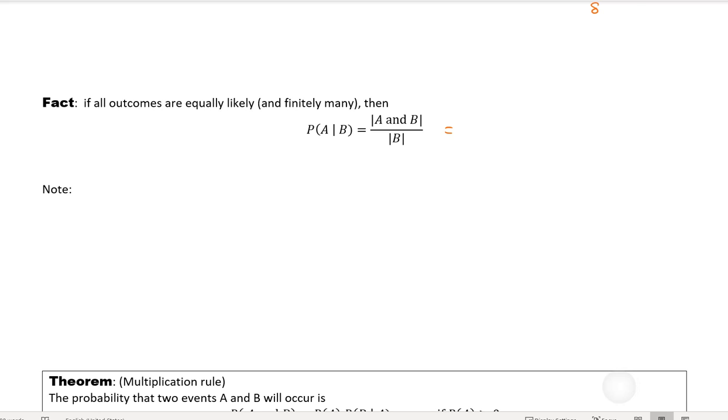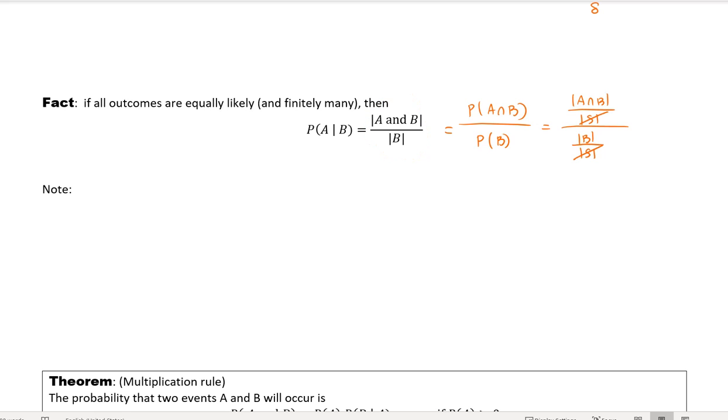Because remember, by definition of conditional probability, this is P of A and B over P of B. And P of A and B is the size of A and B over the size of the sample space S, and the denominator has the same. So the sample space sizes cancel, and we get the size of A and B over the size of B.